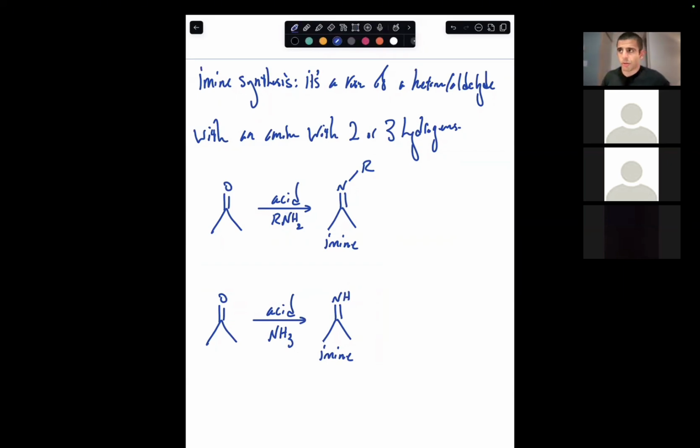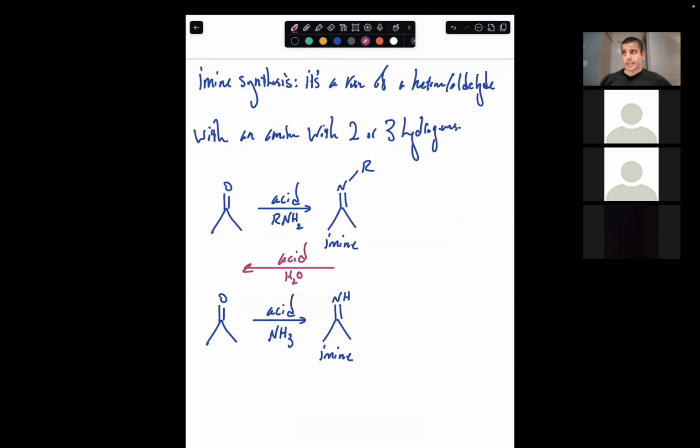Pretty much whatever is left on the nitrogen is going to be there. And just like before, these reactions are reversible. So meaning you can actually use an acid and H2O to make the ketone or aldehyde, whatever it came from.